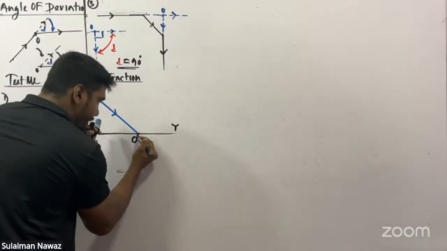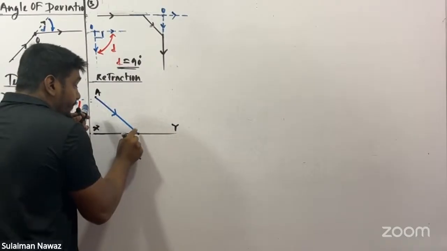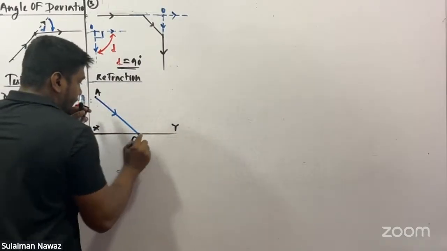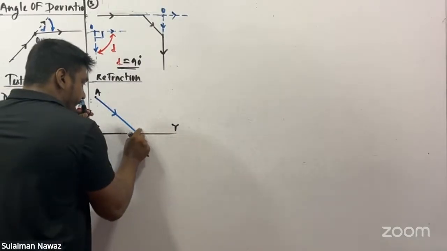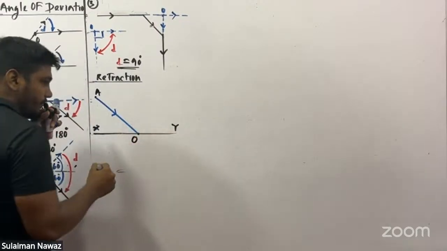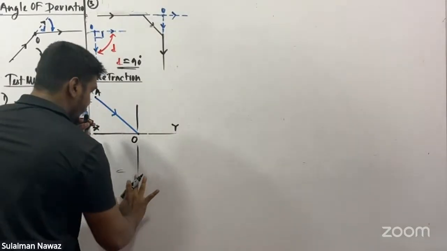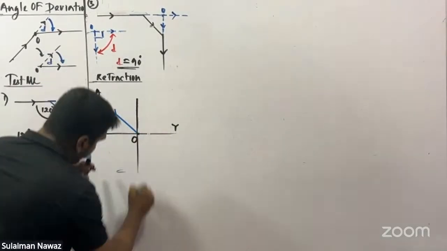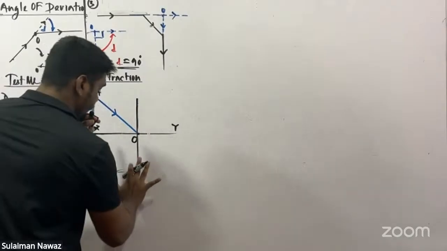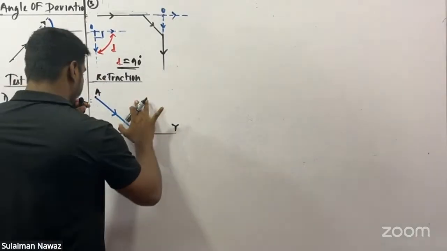At the incident point, draw a normal line to the common interface, a perpendicular line to the common interface. That is what we call the normal.